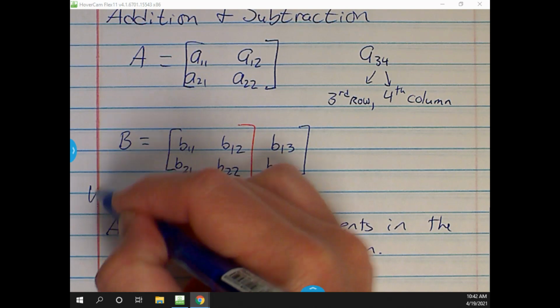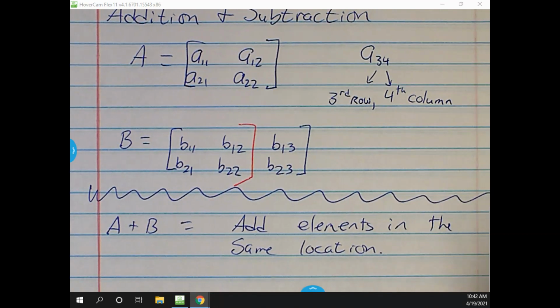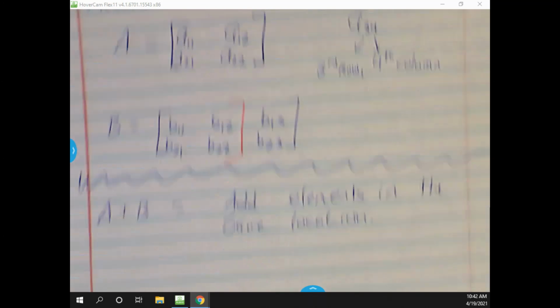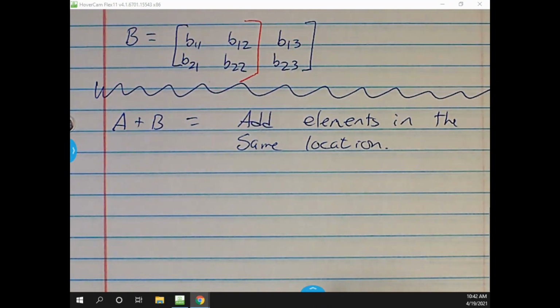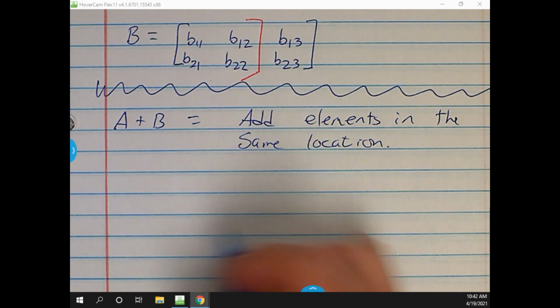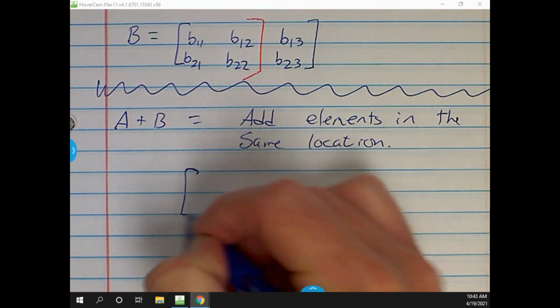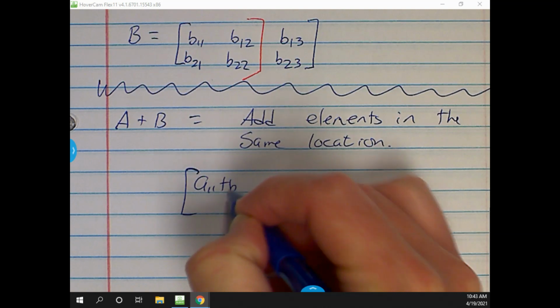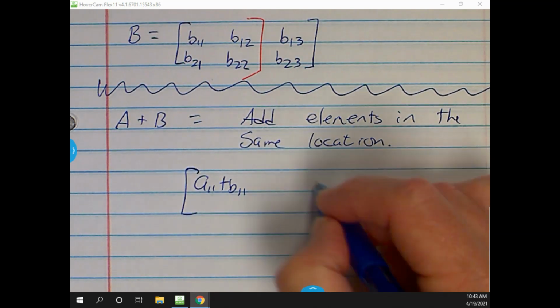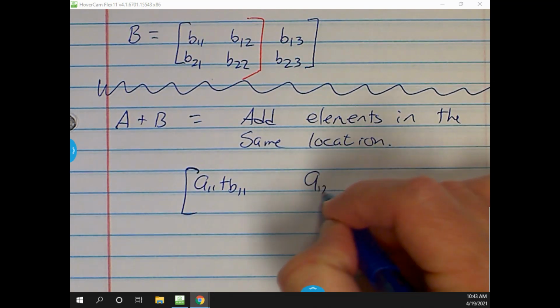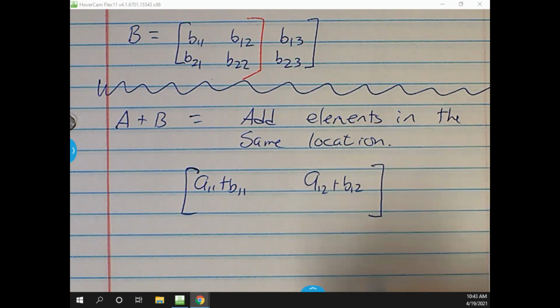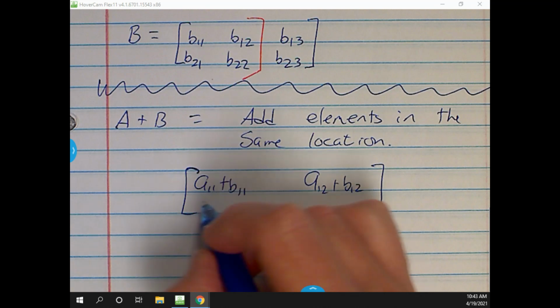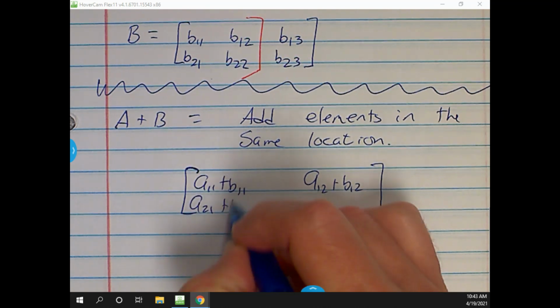Technically, for this one, B should have stopped right there. But when we talk about A plus B, you're adding elements in the same location. So it'd be A11 plus B11, A12 plus B12, and the same thing if you go to the second row.